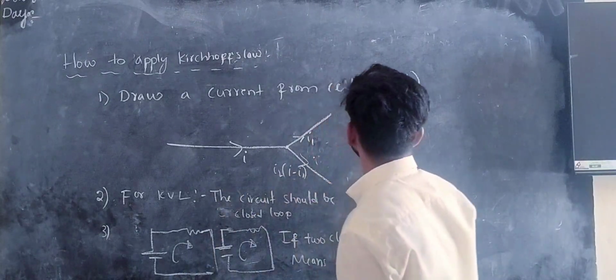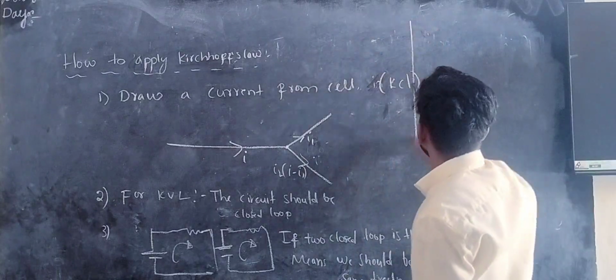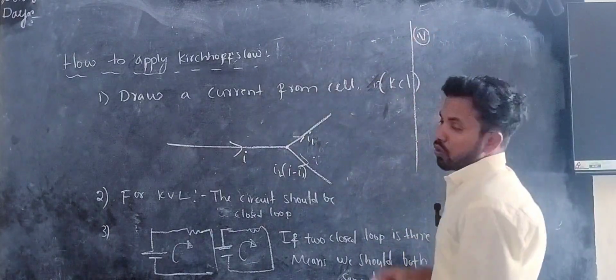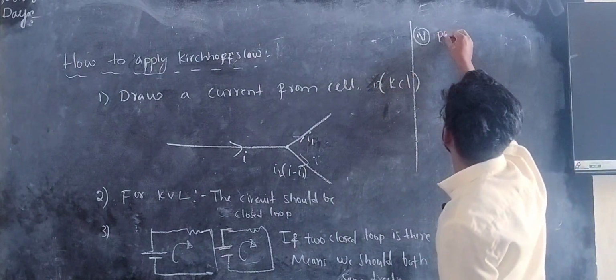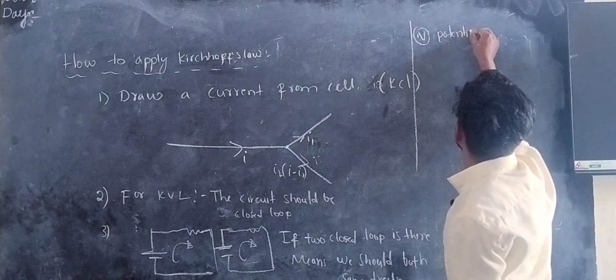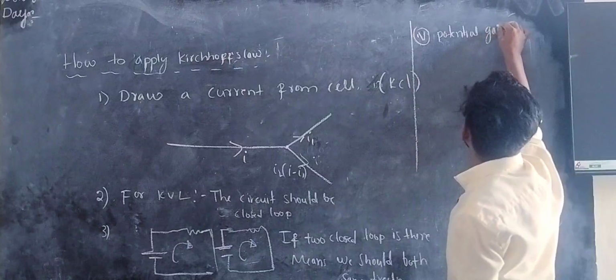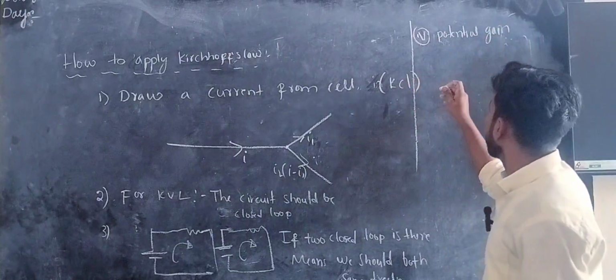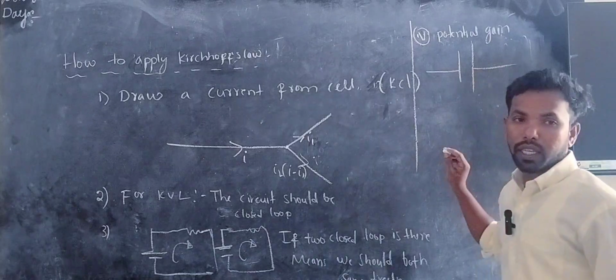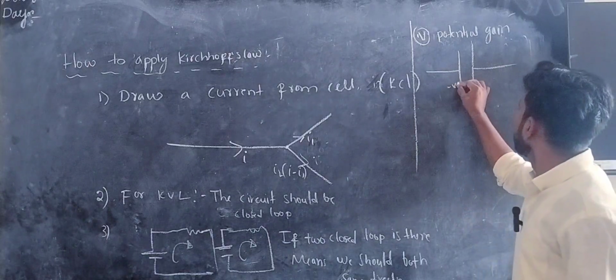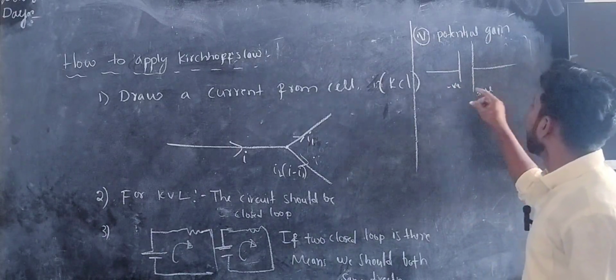Now what is the fourth rule? Potential gain. For potential gain, see here, we have a battery. This is the negative terminal. This is the positive terminal.